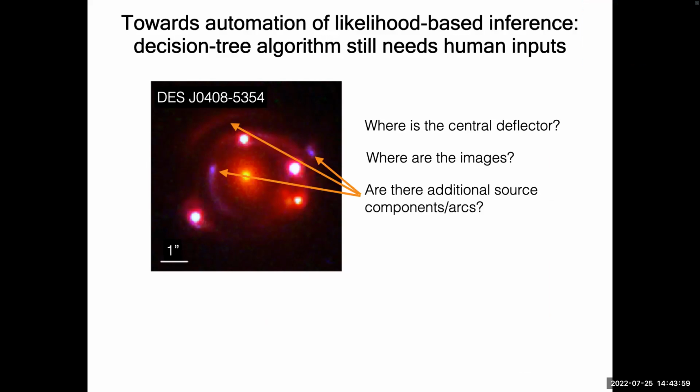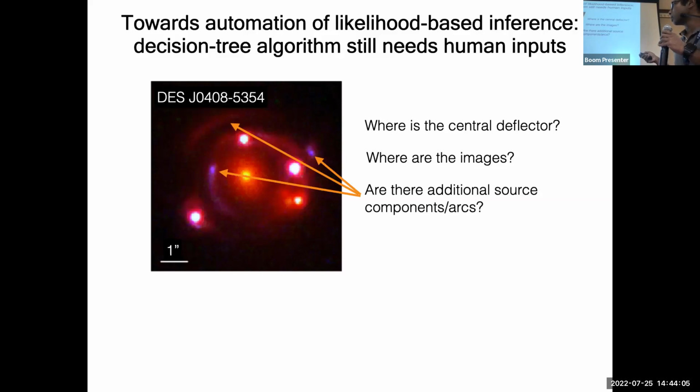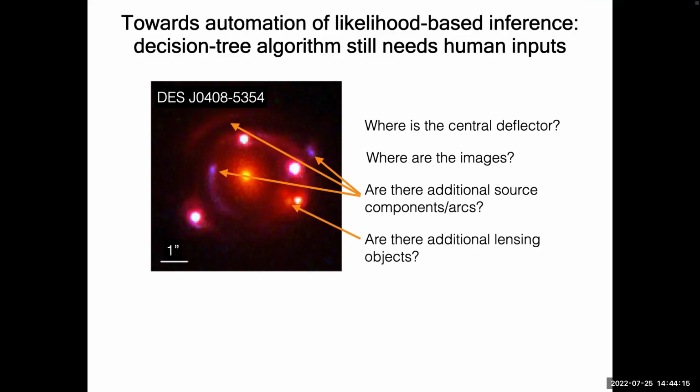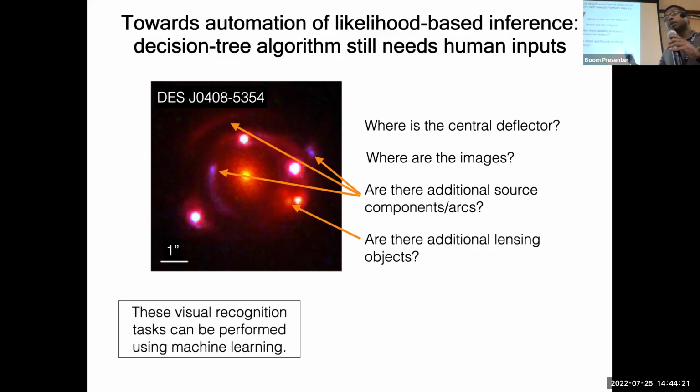Are there additional source components? In this system, there are additional sources. Apart from the four lens quasars, you see there is a doubly imaged arc here, and there is even a third fainter arc there. And are there additional lensing objects? There is another smaller galaxy here doing lensing. So these are visual recognition tasks.